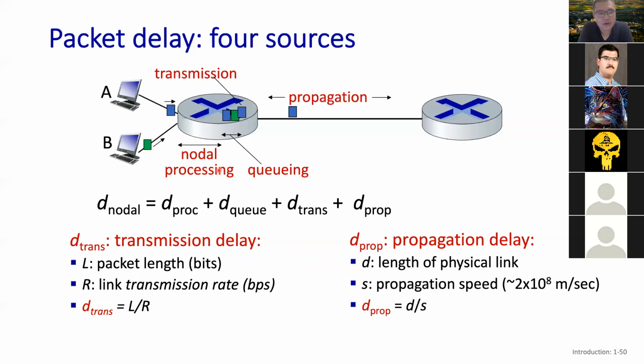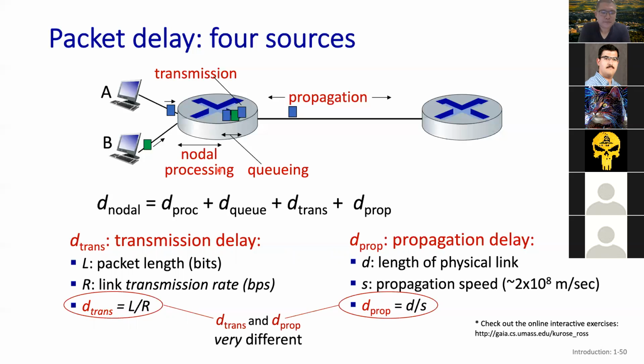Even if you have everything perfect, with a very low queue delay, low transmission delay, and low nodal processing delay, the propagation delay would be large. Even based on the speed of light, the physical distance is large, so you need to consider this delay.